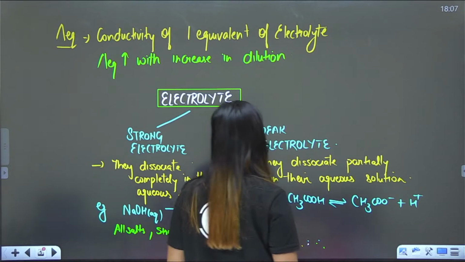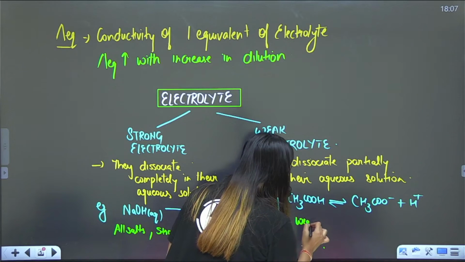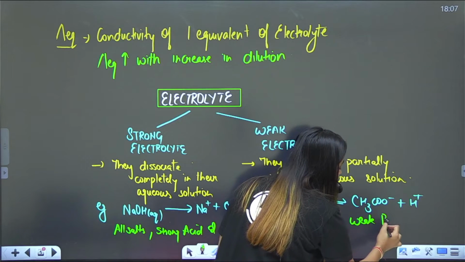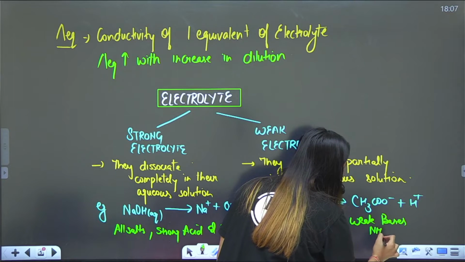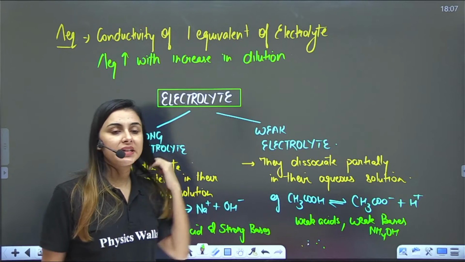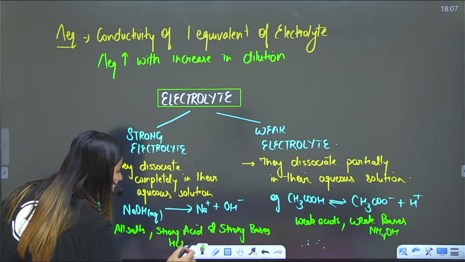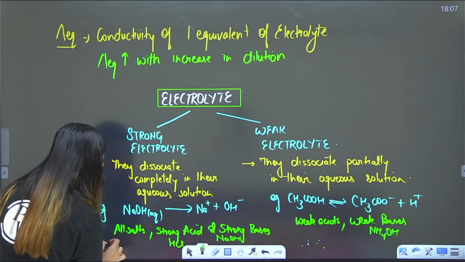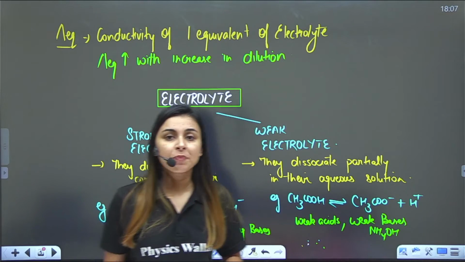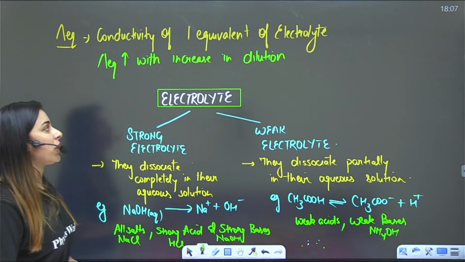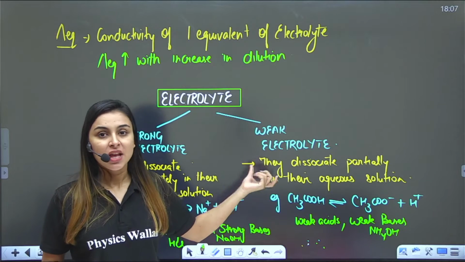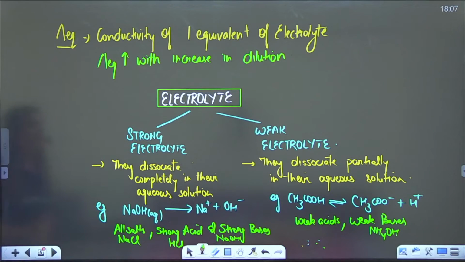If you talk about weak electrolytes, your weak acids such as CH3COOH, and weak bases, for example NH4OH, are your weak electrolytes. They do not dissociate completely. But strong acids, for example HCl, strong base NaOH. If you talk about salts, let's take an example NaCl. In fact, all salts are strong electrolytes. This is what we need to understand about strong electrolytes and weak electrolytes, because the next topic is related to this. So pause the video, write it, and then we'll move forward.